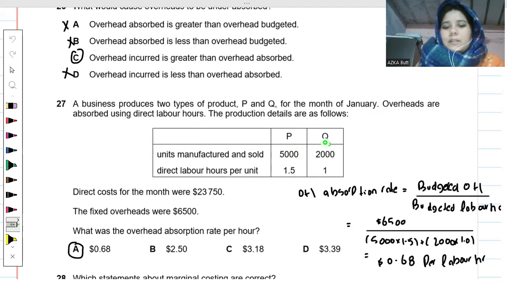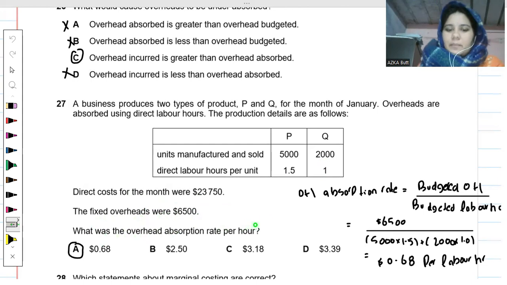And for Q, we produced 2,000 and sold these units again in January. And we have direct labor hours, which is per unit 1.5 for P and 1 for the Q product. So direct cost for the month was this, and fixed overheads was this. So what was the overhead absorption rate per hour?